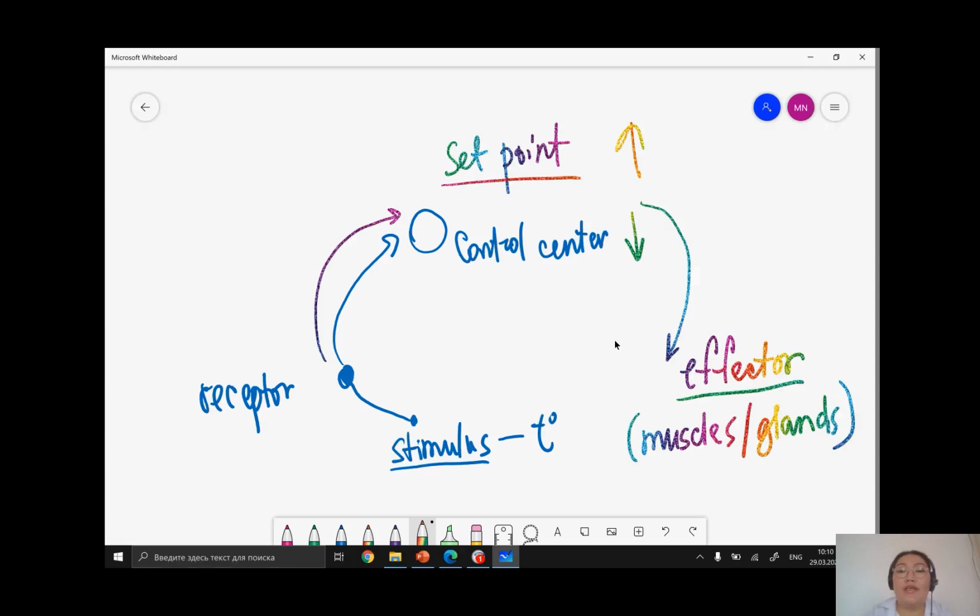Then we compare it to the set point, and then we send the signal to the effector, in case of differences between the normal range and the stimulus. In case of temperature, for example, the temperature is 38. The 38 means higher than the set point, because the set point is 37 degrees Celsius.